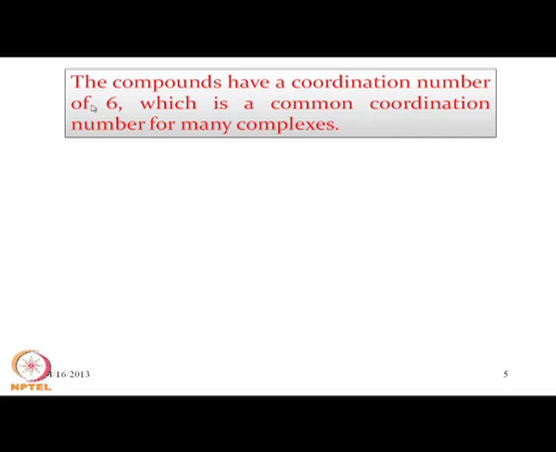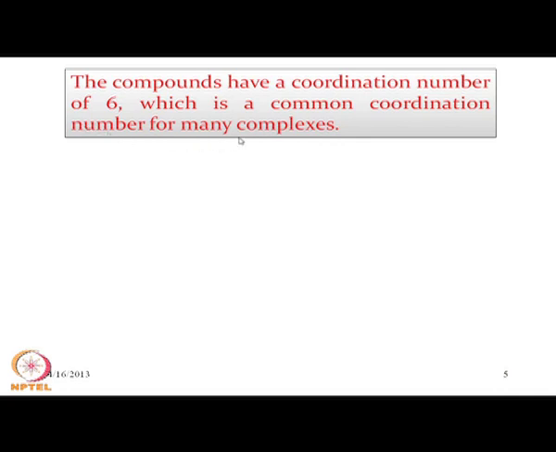And since 6 such new coordination bonds, that means new cobalt-nitrogen bonds, are formed, we consider this number as the corresponding coordination number. Most of the complexes have 6, because this number has some unique property that we will see in our next class, why 6 is so common for a spherical arrangement of ligands surrounding the metal center.